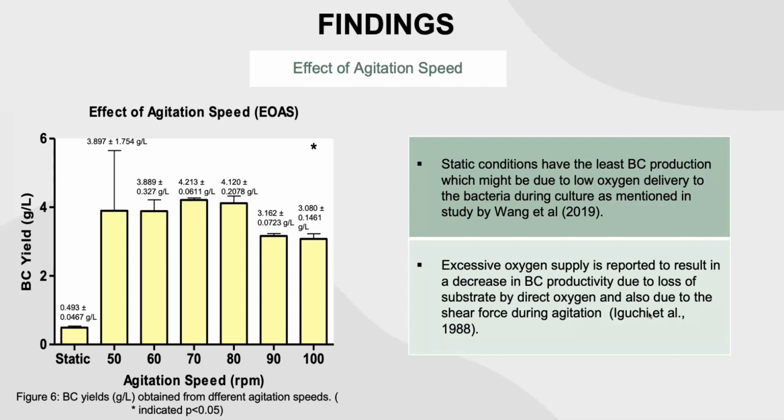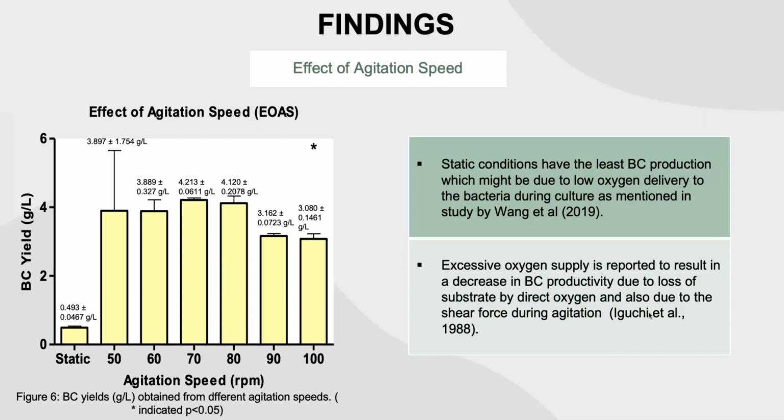The agitation speed during the fermentation process also affects BC production. We know that agitation speed or mixing speed during fermentation is crucial for mixing the media to supply even air or oxygen in the reactor.